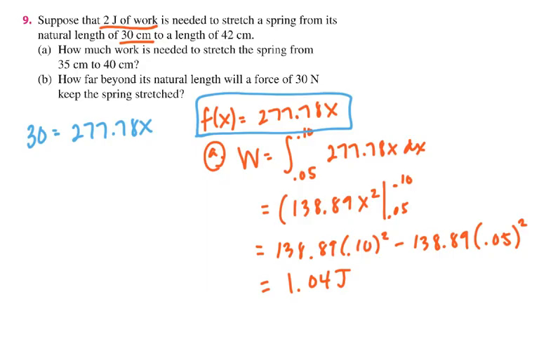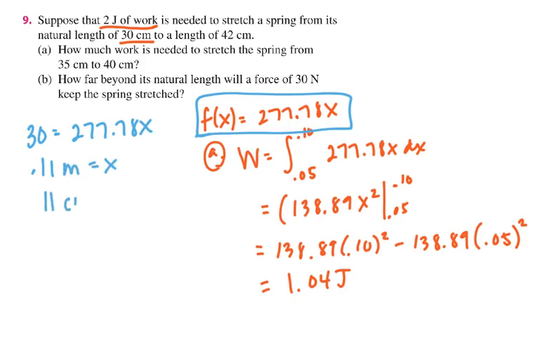And x is how far we stretch it beyond its natural length. So that's exactly what we're looking for. So we're going to take 30 and divide it by 277.78. And we get 0.10799, whatever. So this is 0.11 meters, which equals x.